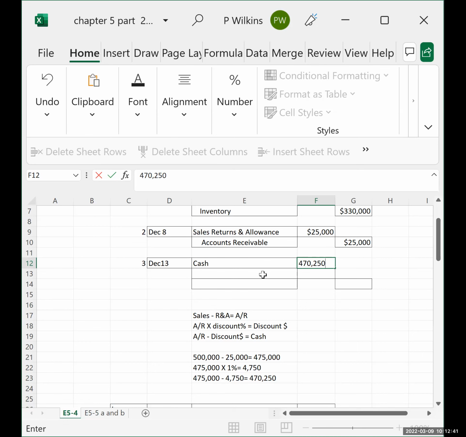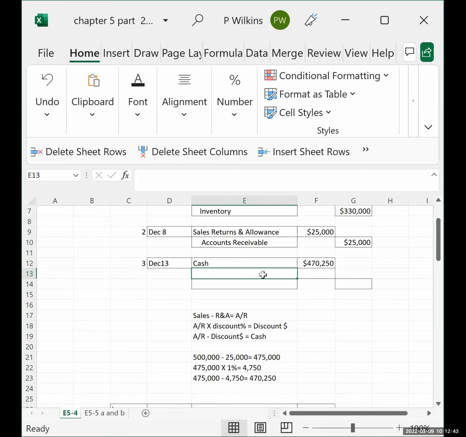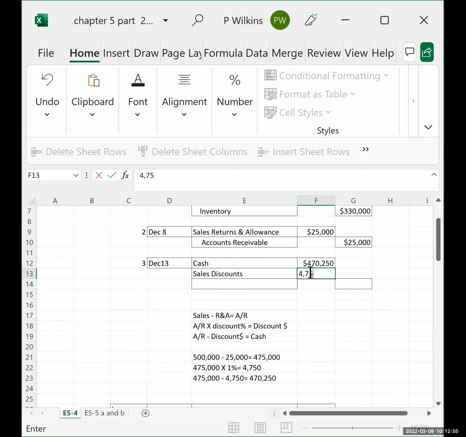All right. The second entry that we're going to do is for the sales discount. So we're going to debit sales discounts. And we're debiting that for the discount dollar amount, which is $4,750. And then we're going to credit accounts receivable for the accounts receivable amount.